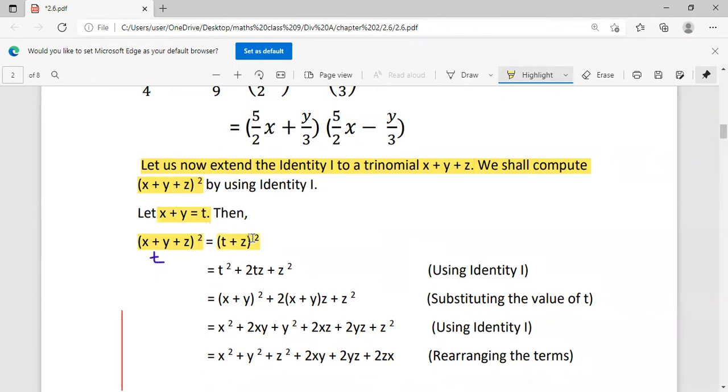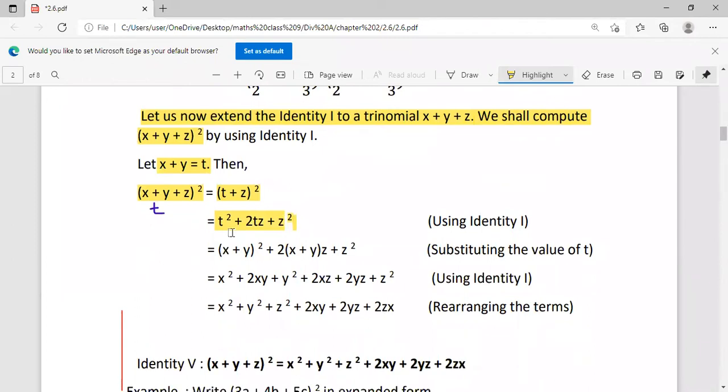You know that x plus y whole square is x squared plus 2xy plus y squared. Similarly, t plus z whole square is t squared plus 2tz plus z squared. Are you following? It is easy, right? Yes.